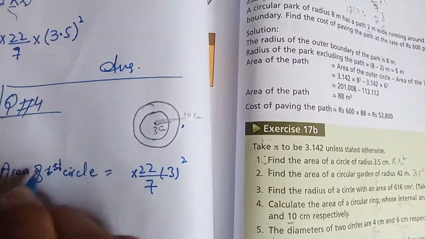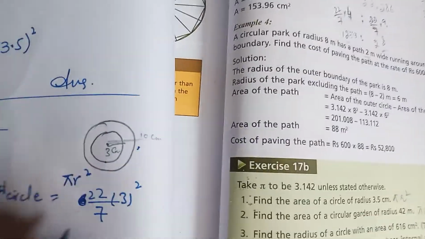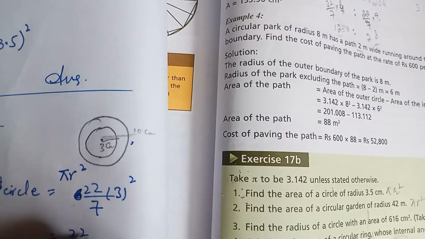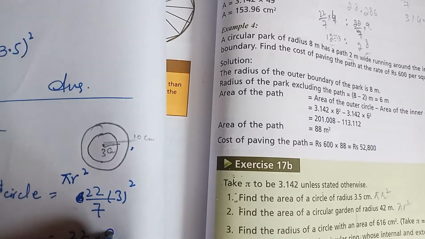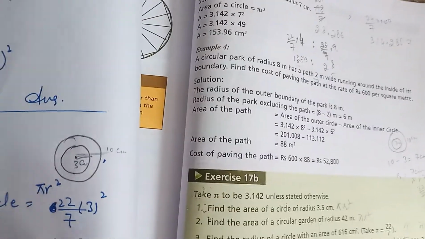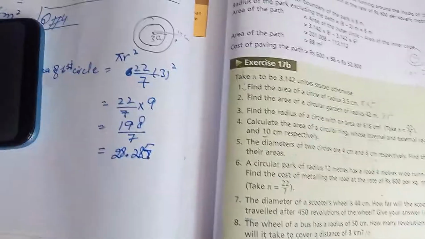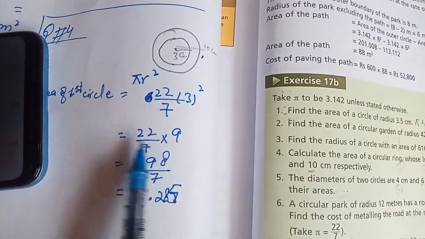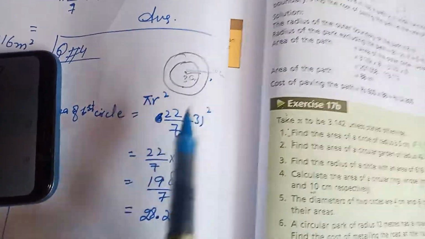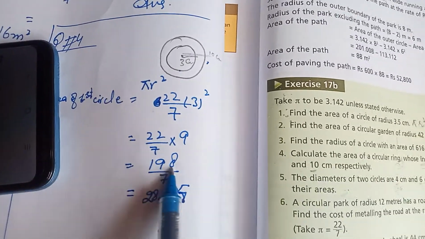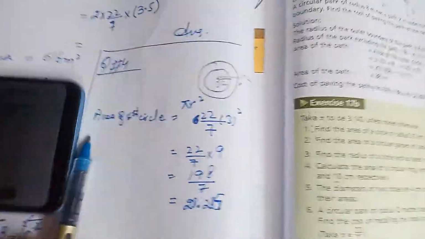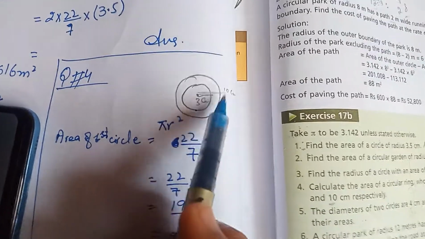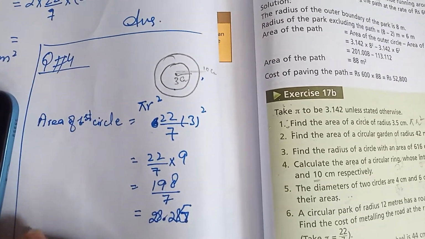So the formula of area of a circle is pi r square, that is 22 by 7 multiplied by 3, 3s are 9. This is 3 square, which means 9, so this is the area of the first circle. Now we will find the area of the second circle, that has the radius of 10 cm.